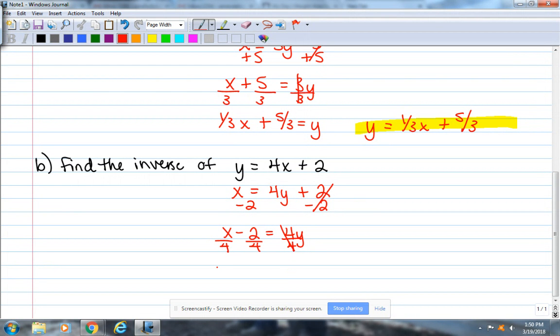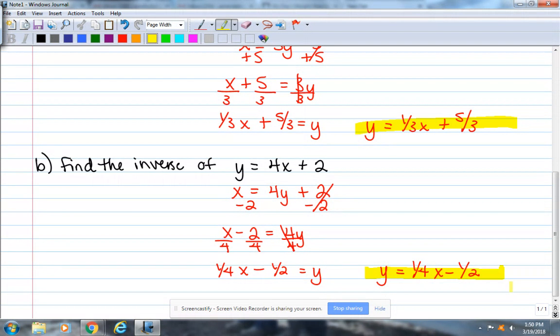X divided by 4 is the same thing as 1/4 x. Minus, what's 2 over 4 reduced to? Y'all got to tell me what 2 over 4 is. Come on. A half. So I'm going to rewrite it just to have a y by itself first. So y equals 1/4 x minus a half. There's the inverse function.